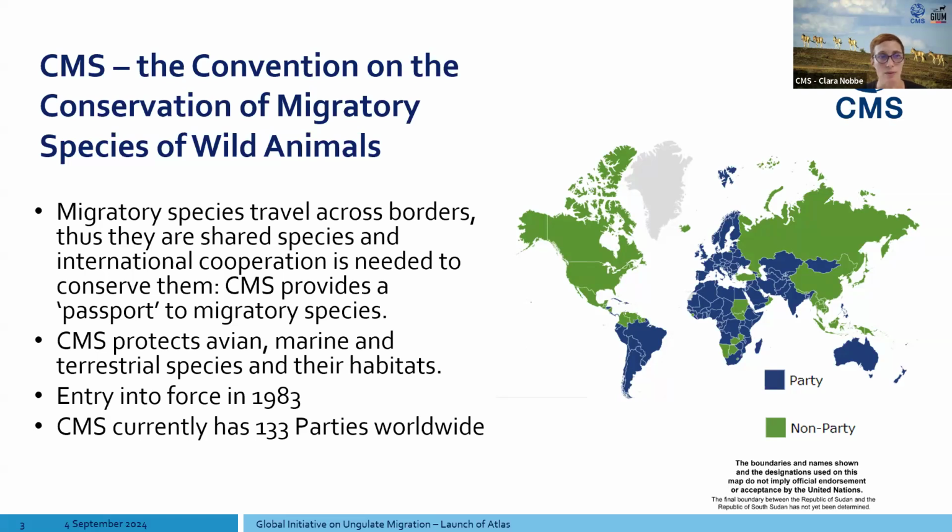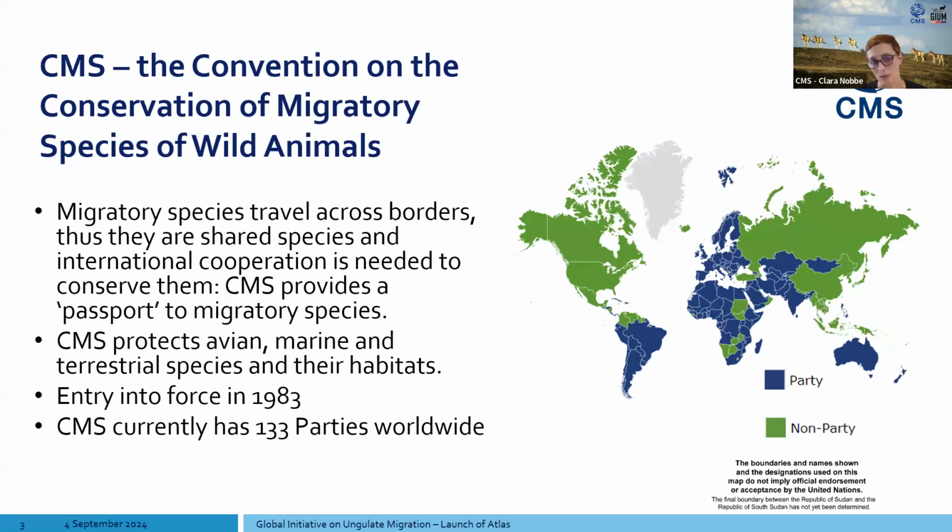As you probably all know, CMS protects not only terrestrial species such as ungulates, but also avian and marine species. And it's quite an old convention, having entered into force in 1983. But as we all know, with increasing habitat loss and increasing infrastructure development, it is becoming more and more important.